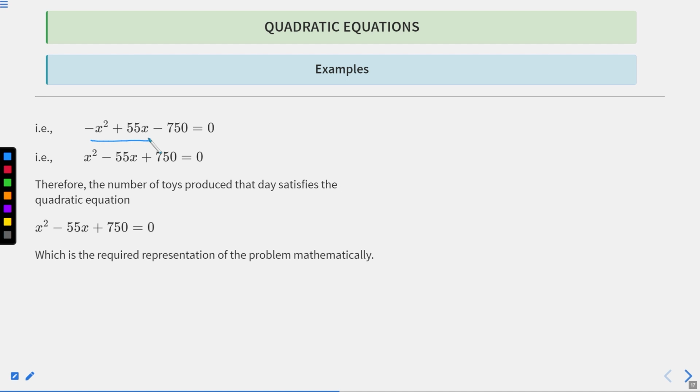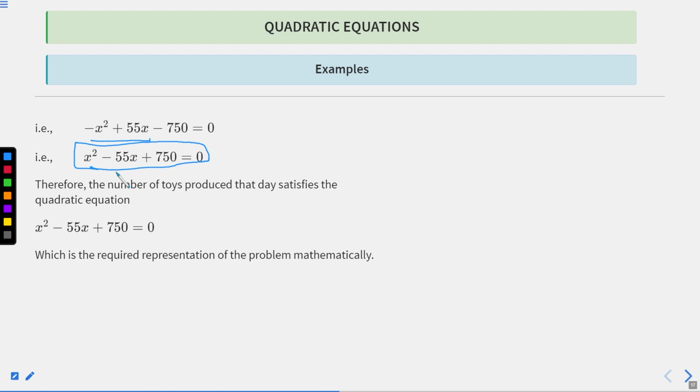Rearranging, we get x square minus 55x plus 750 is equal to 0.